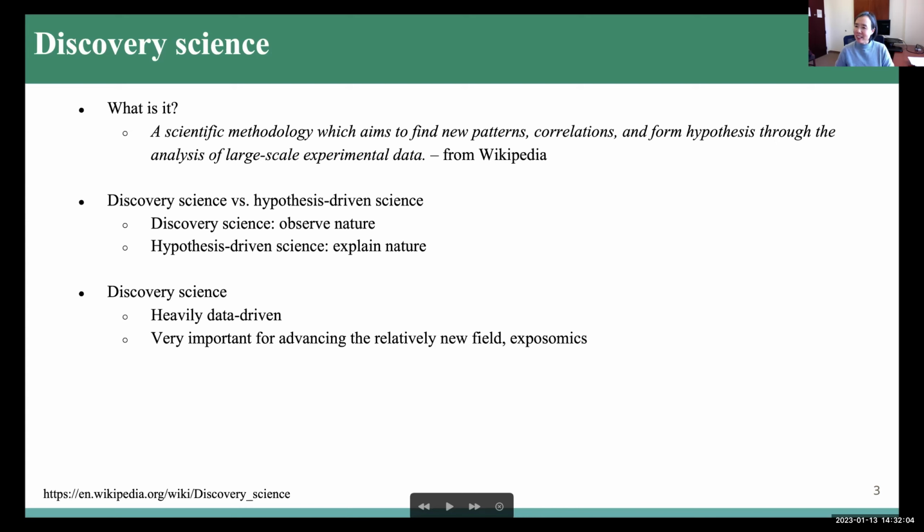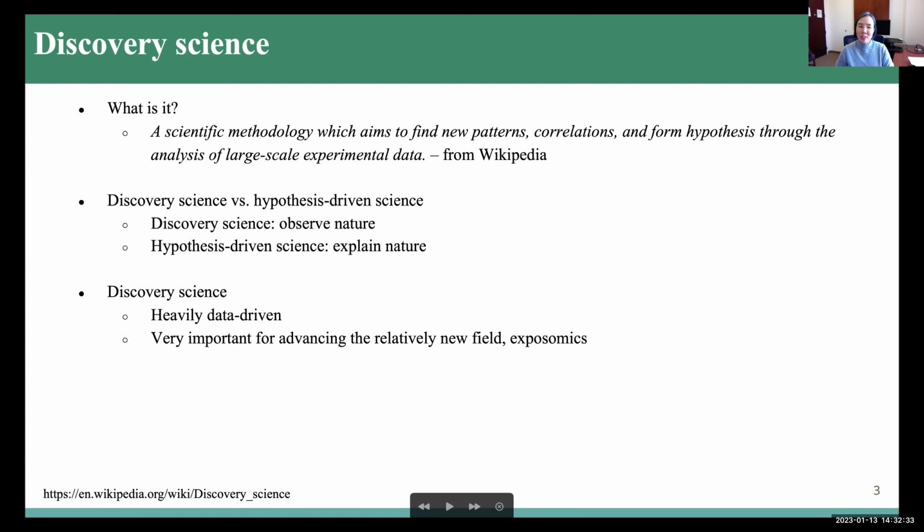Based on the Wikipedia definition, discovery science aims to find new patterns, correlations, and form new hypotheses through analyzing large-scale experimental data. Compared to traditional hypothesis-driven science, discovery science tries to observe nature, while hypothesis-driven science tries to explain nature.